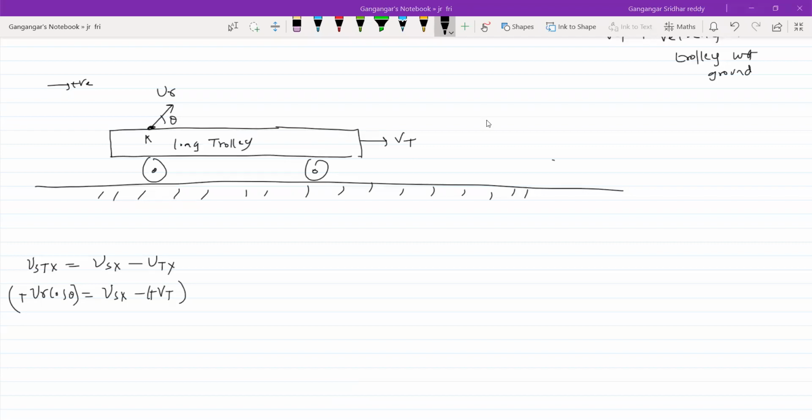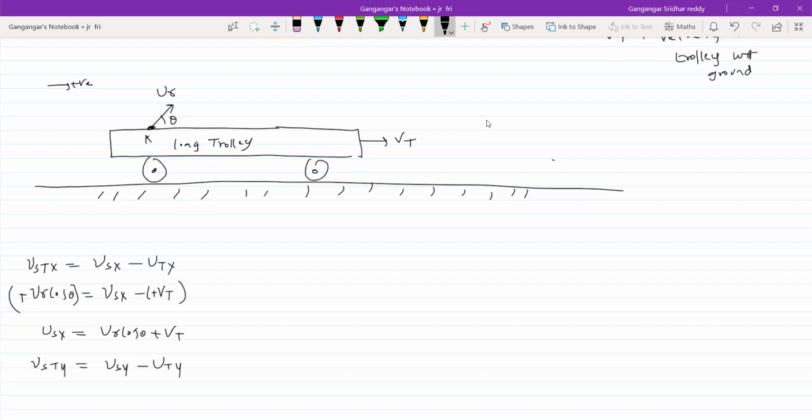So the velocity of the stone with respect to the ground is equal to Vt plus UR cos theta. Keep it like this here. Now similarly along the y-axis we'll find the velocity of the stone with respect to the trolley along the y-axis, equal to the velocity of the stone with respect to the ground along the y-axis minus the velocity of the trolley along the y-axis.